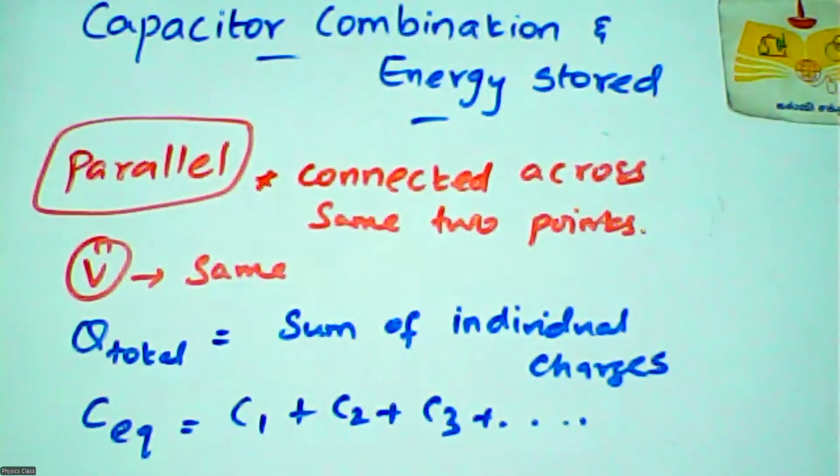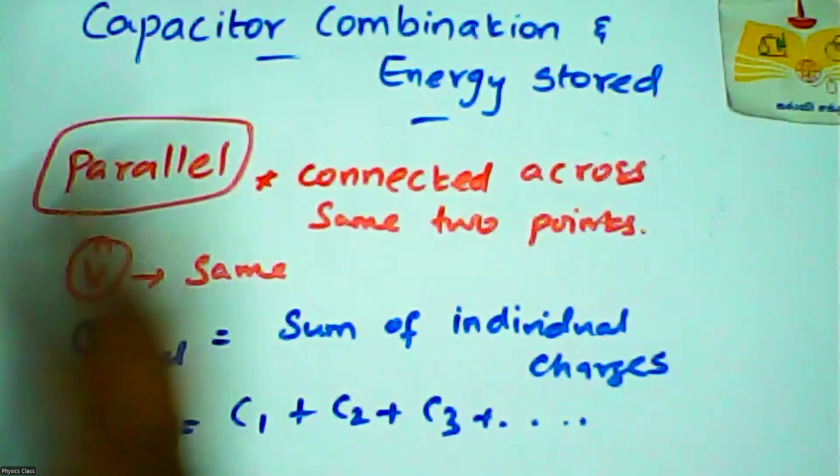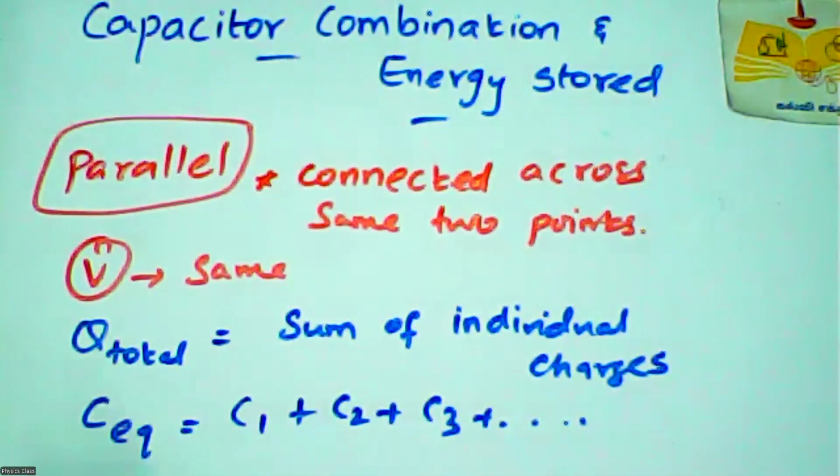Voltage is the same across each capacitor, so voltage does not split. Total charge is the sum of the individual charges. And C equivalent equals C1 plus C2 plus C3, etc. Connecting capacitors in parallel is similar to increasing the plate area, which increases the overall capacitance.